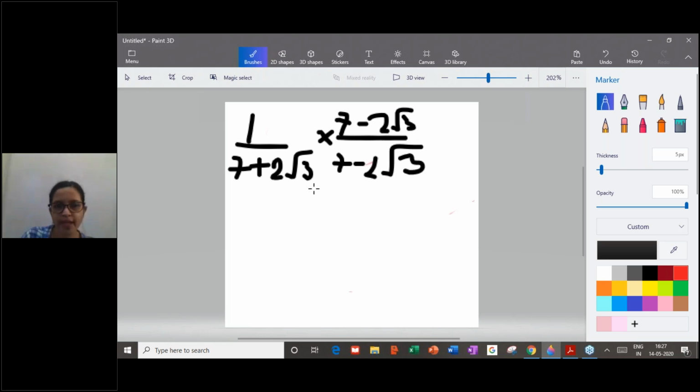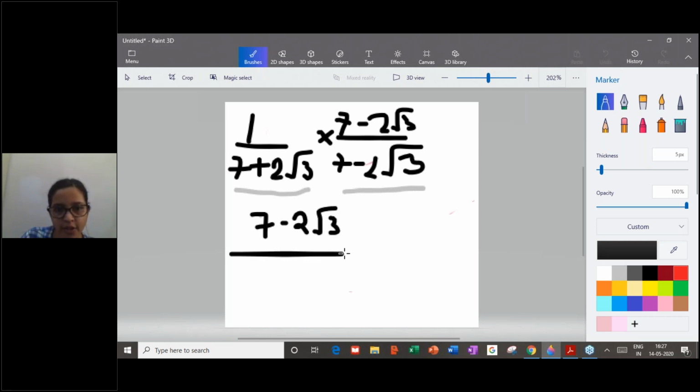So now this is a plus b and this is a plus b and this is a minus b. So what do you get? You will get 7 minus 2 root 3 in the numerator, and in the denominator, a square minus b square.